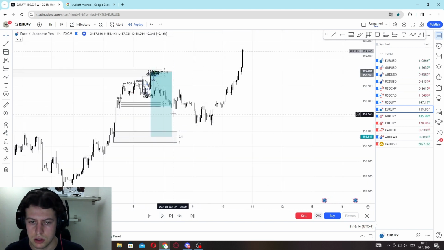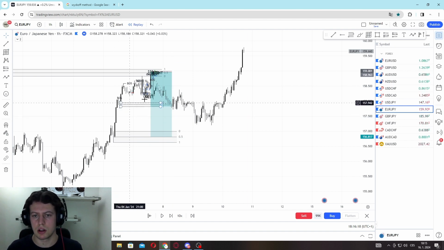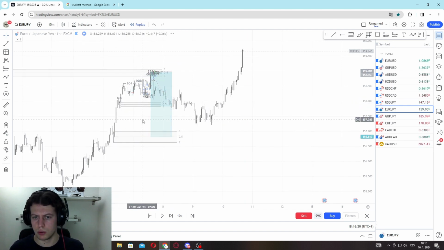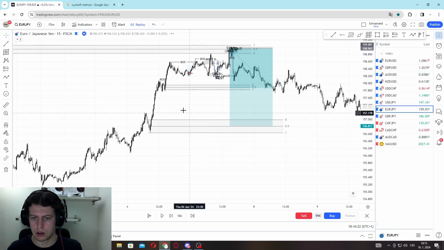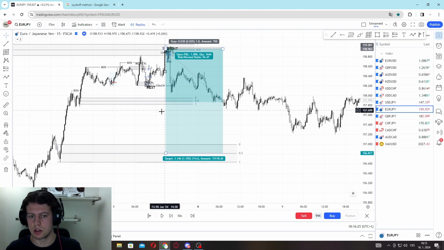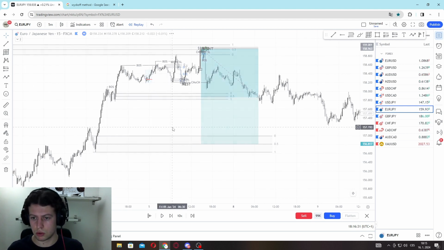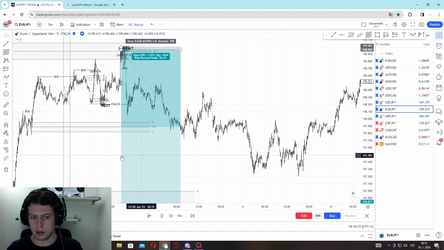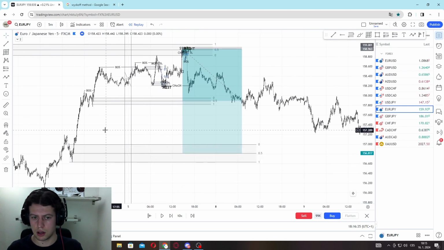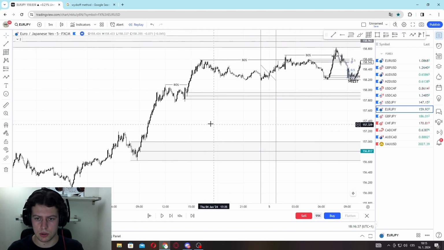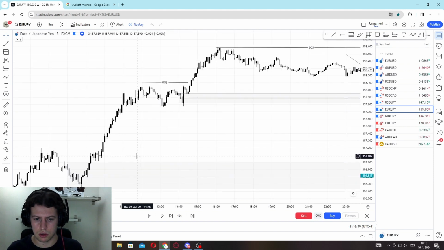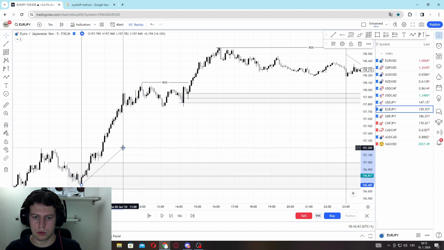Okay, so it went to this imbalance. I will check why, but you can see that this is trading. It won't be perfect. I want to go to the 5 minute. Okay, so there will be some small zone.